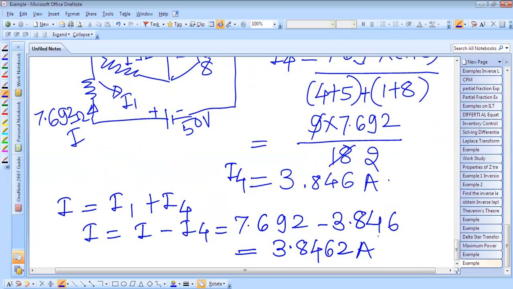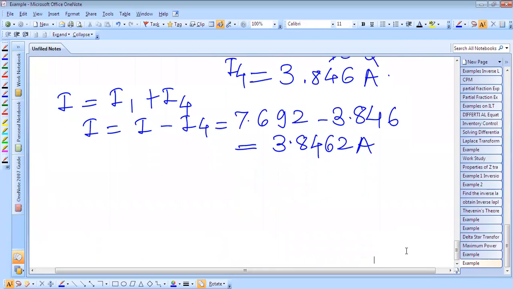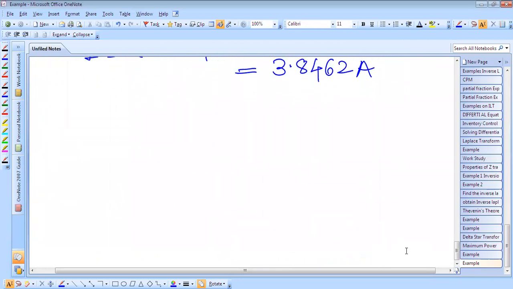Okay, now we have got I1, I4, all values. Now we can calculate the VTH.